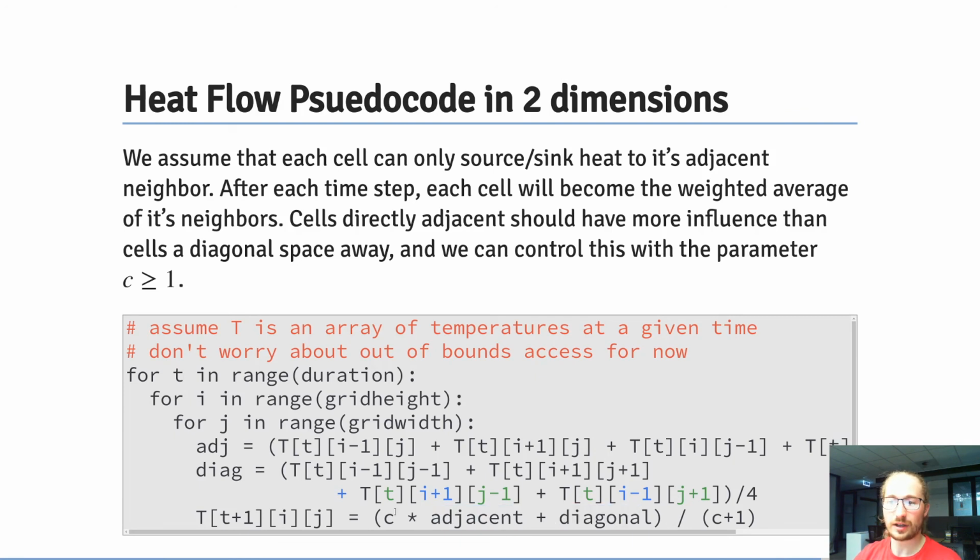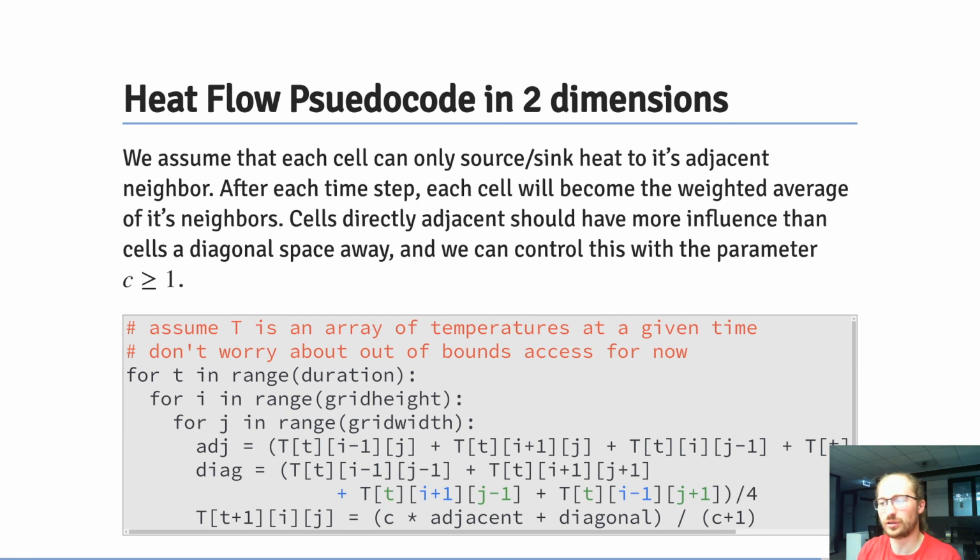So here, if I just chose C to be 1, this essentially degenerates down to the average of my 8 neighbours. But again, it seems a reasonable assumption to make that cells that are closer should conduct heat faster, and so the diagonal neighbours should affect the outcome less.